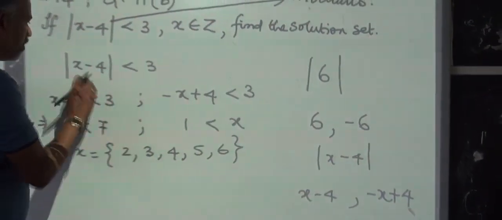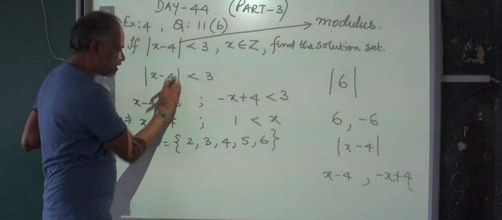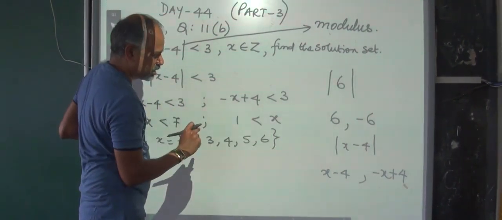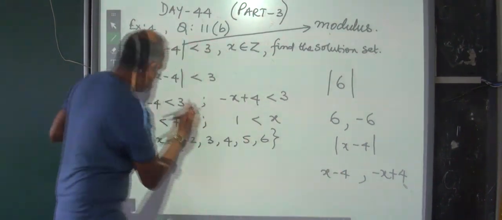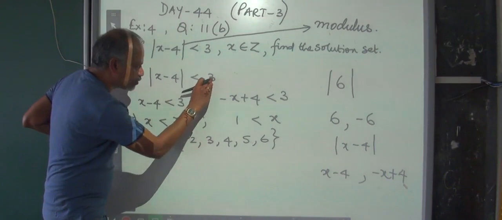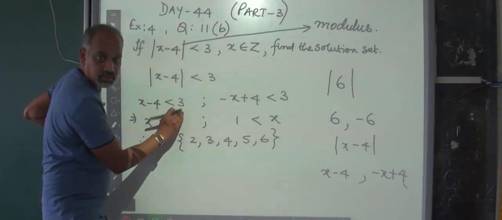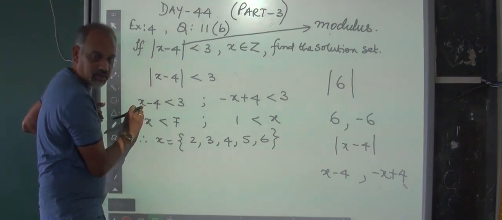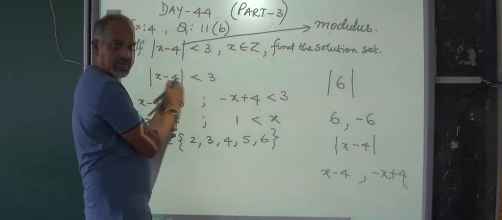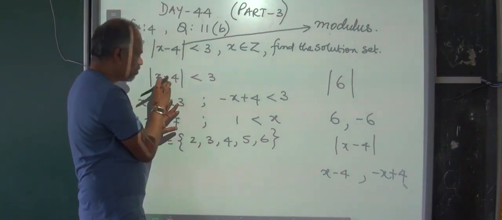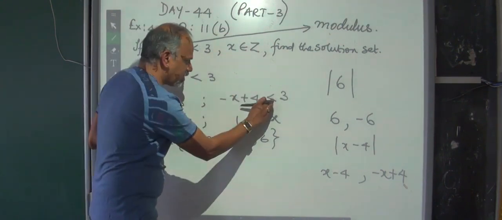So x minus 4 which is inside the modulus can be written as two possible values. The first one is x minus 4 is less than 3. The 3 was not in the modulus, therefore no sign change for that. The second one is the negative value, minus x plus 4 is less than 3.